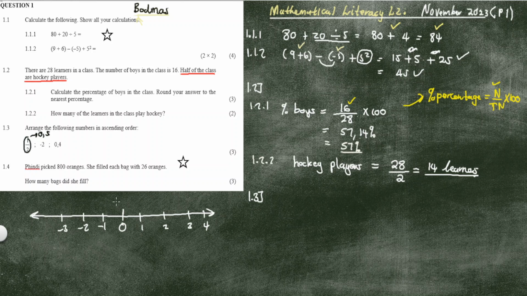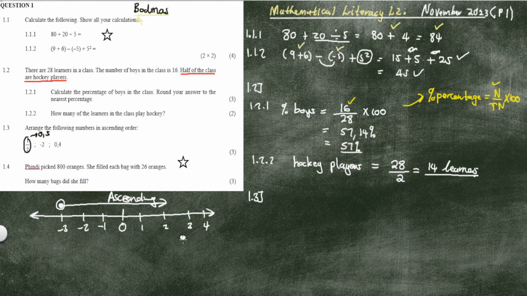So going back to the number line, when arranging numbers in ascending order, you need to start with the negative numbers and go all the way up. So on the number line, your numbers are ascending from left to right. This is the scale of ascending.